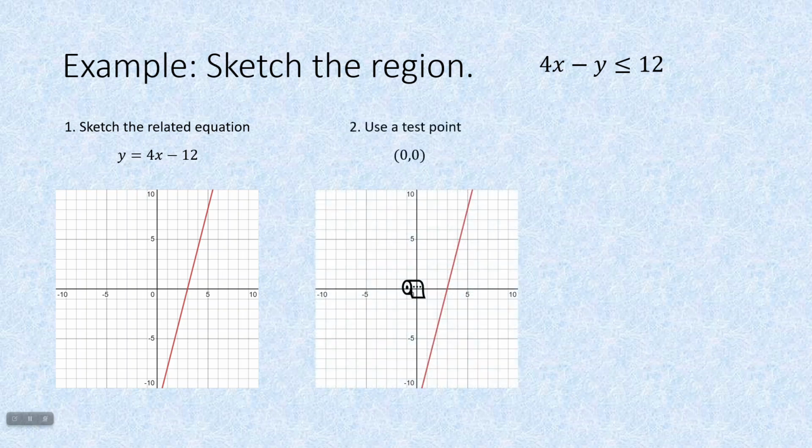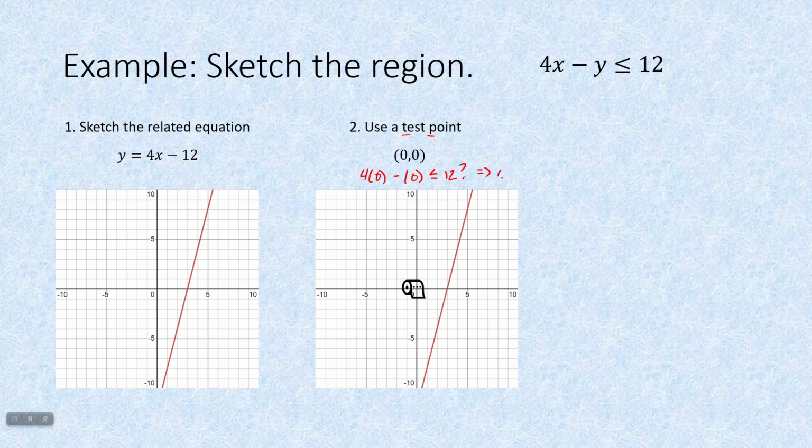Now we sketch, we use a test point. And I'm going to put the test point, the TP, at 0, 0. And I'm going to ask myself, is 4 times 0 minus 0 less than or equal to 12?